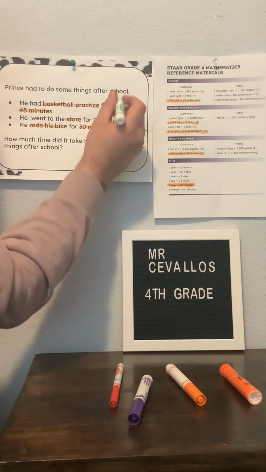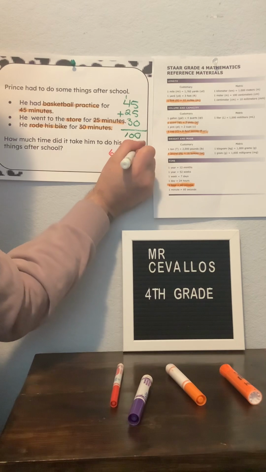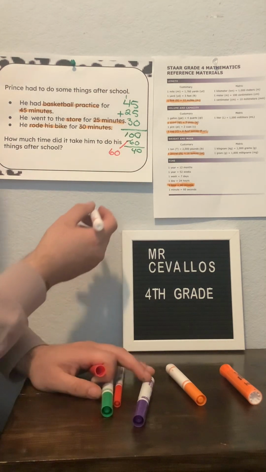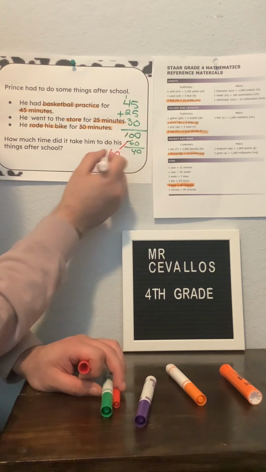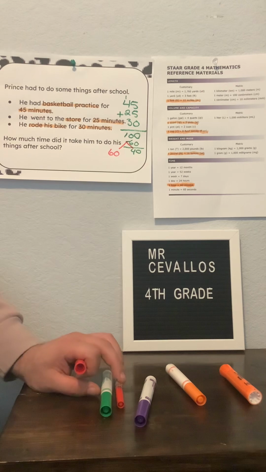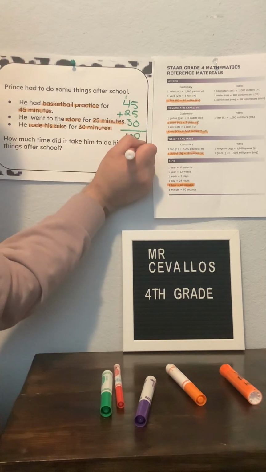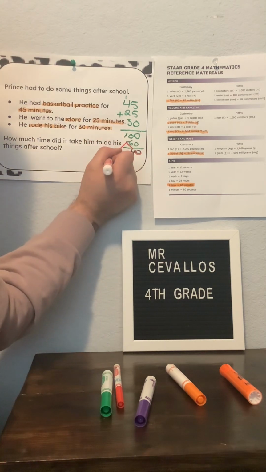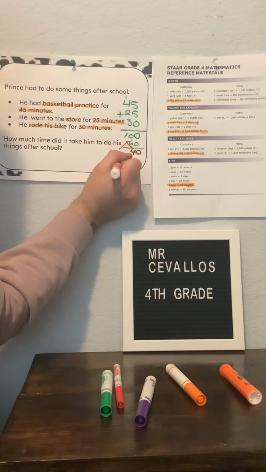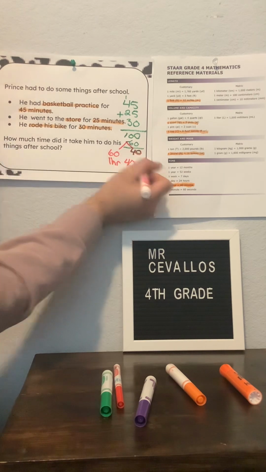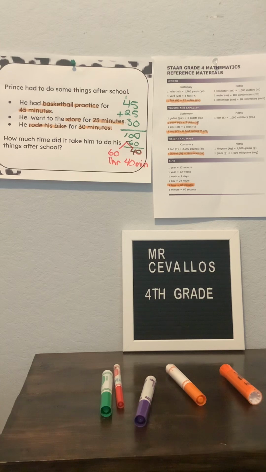Therefore, after I've decomposed my 1 hour, I am left with my 40 minutes. I can't leave 60 minutes like that. I have to write it as 1 hour and 40 minutes. It's that simple.